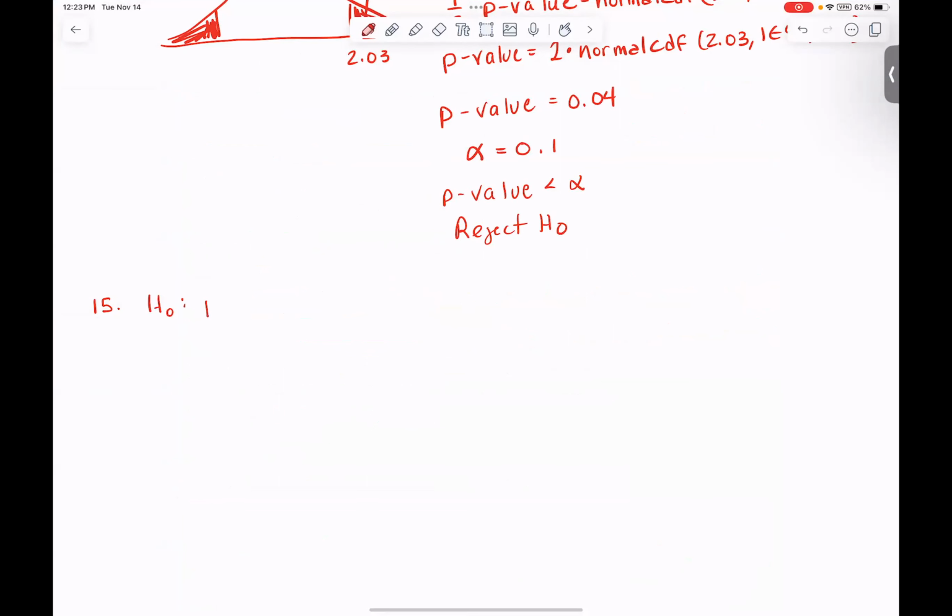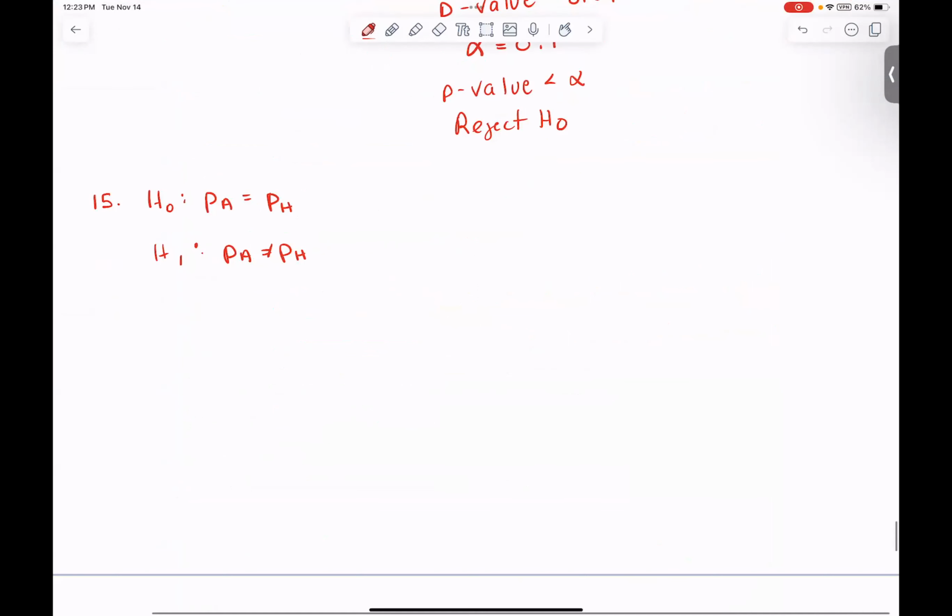Our null hypothesis was that there was no difference in the poverty level in Alaska and Hawaii, and our alternative was that there was a difference in the two proportions. We got a z-value of negative 2.3193 and a p-value of 0.0204.